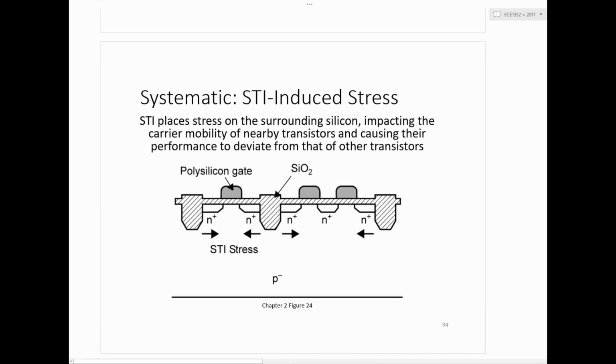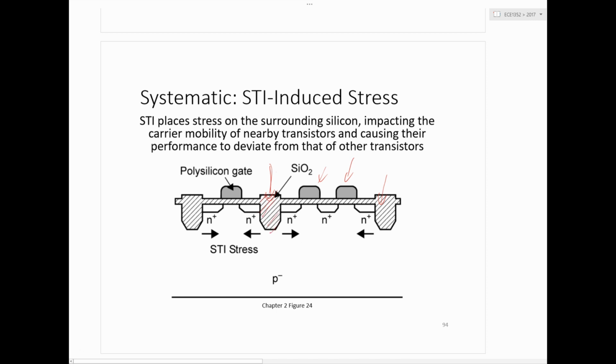Other stresses have to do with layout. These are examples of systematic stresses. When you have interdigitated fingers of a MOSFET like this, they're all fingers of the same transistor, so they're not isolated from each other. These insulating trenches are not introduced between fingers of the same MOSFET. But wherever you have a gap from one MOSFET to another, these isolating trenches are introduced.